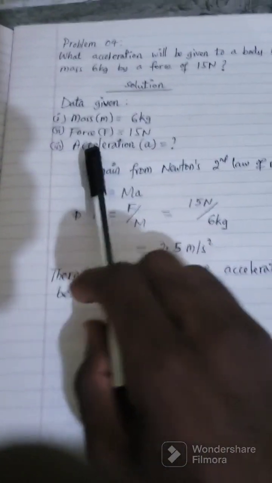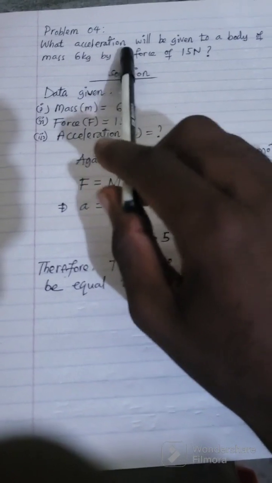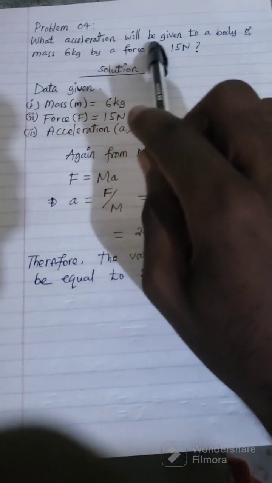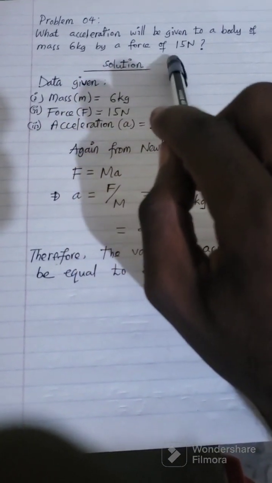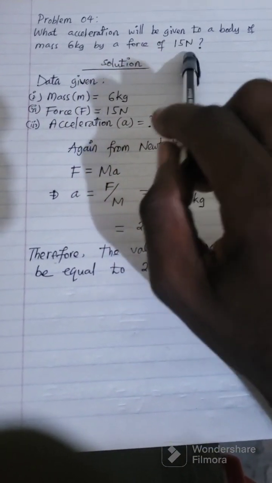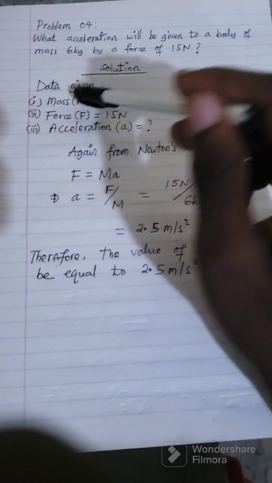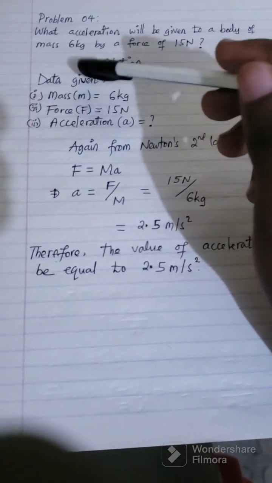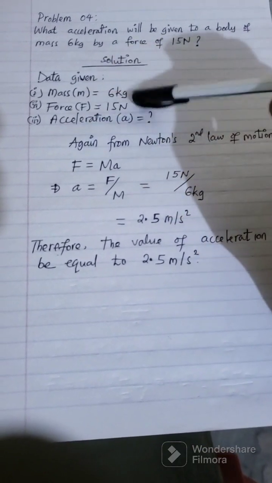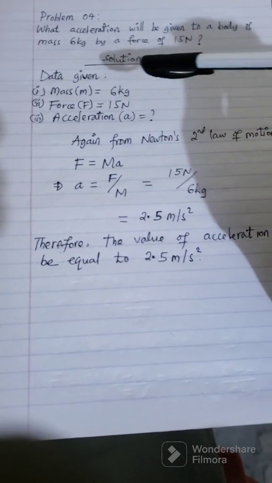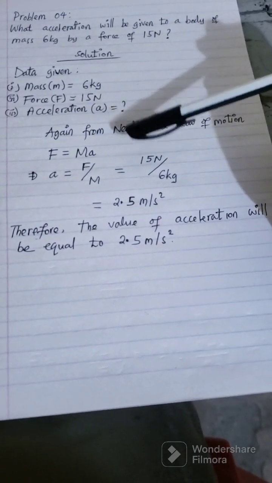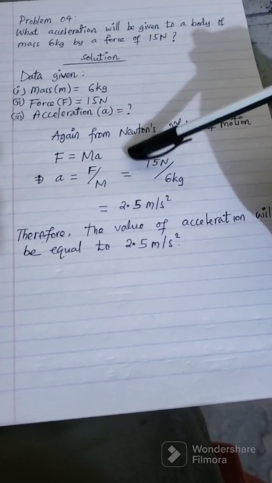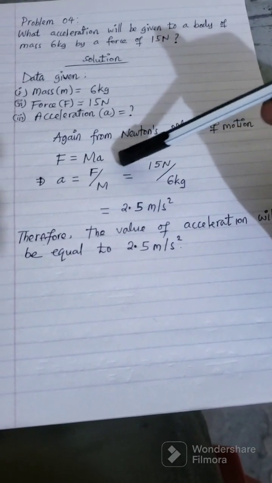Then coming to problem number 4, which asks: what acceleration will be given to a body of mass 6 kg by a force of 15 Newton? The first step is writing the data. We have mass 6 kg, force 15 Newton, and we are asked to find the acceleration. Again we see the formula that fits here is from Newton's second law of motion.